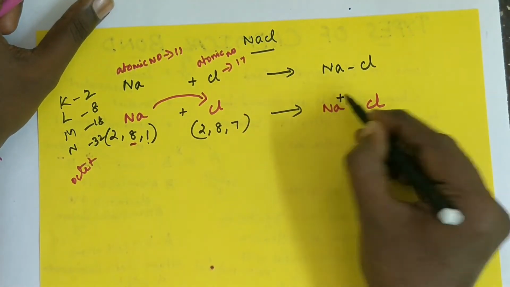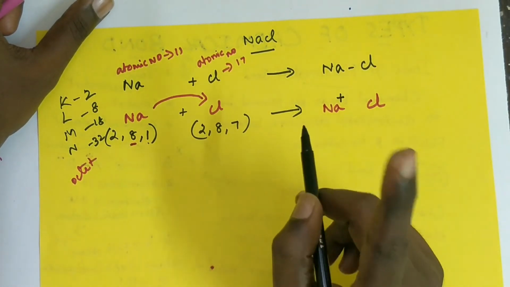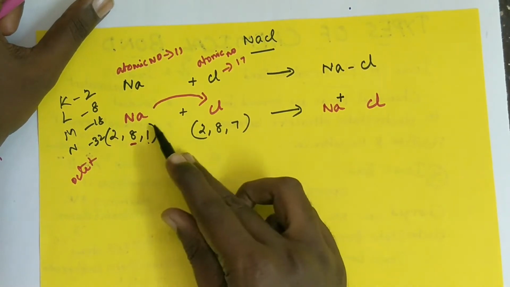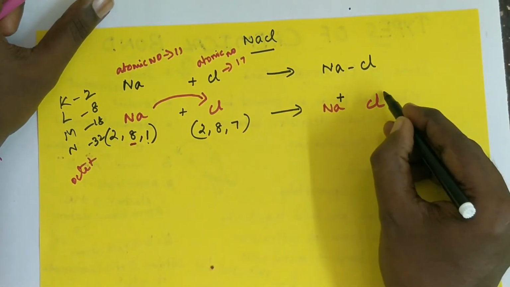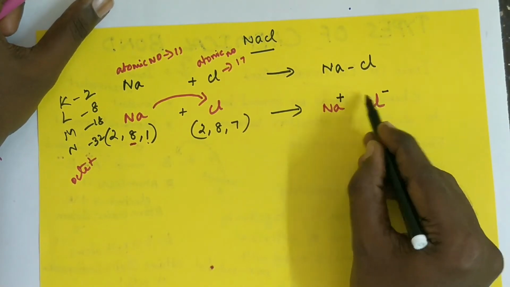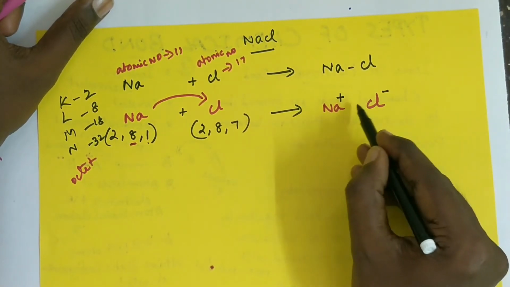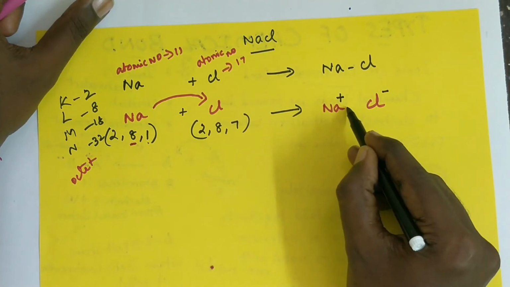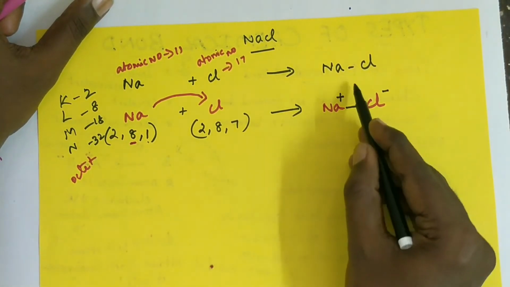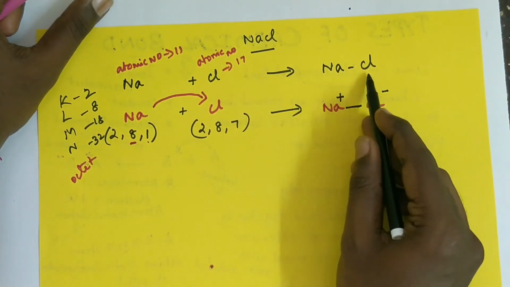We have to put 1 positive charge because it lost only 1 electron. Chlorine gains 1 electron from sodium, so it is minus. The oppositely charged ions come close to each other, definitely due to force of attraction, and an ionic bond is formed between Na and Cl. That's why the bond is formed in NaCl.